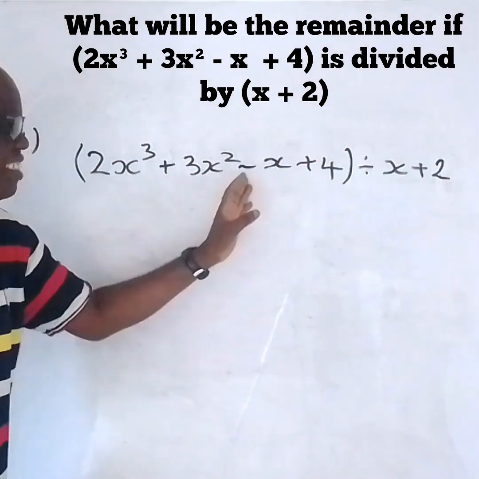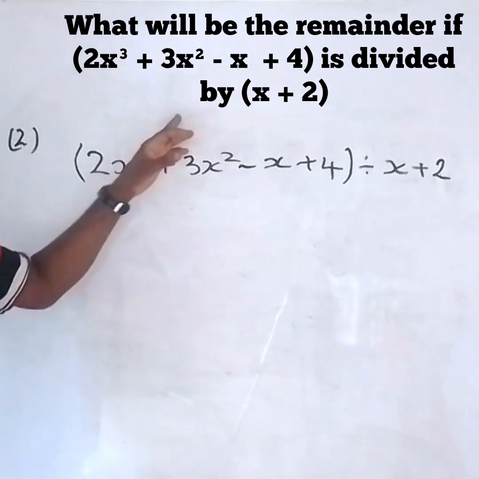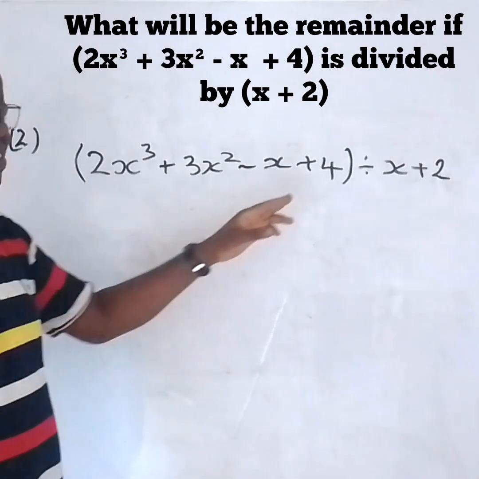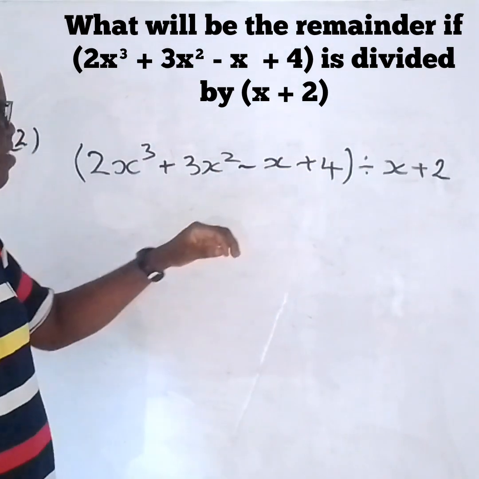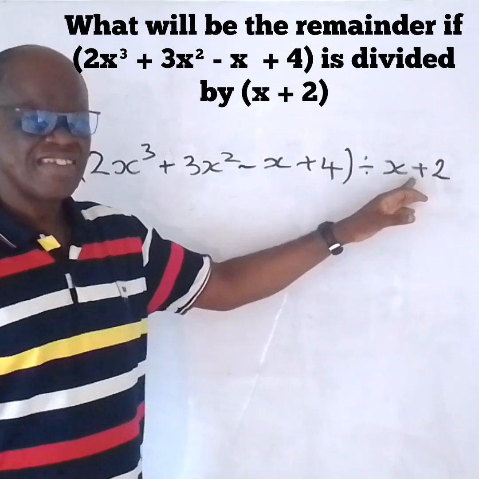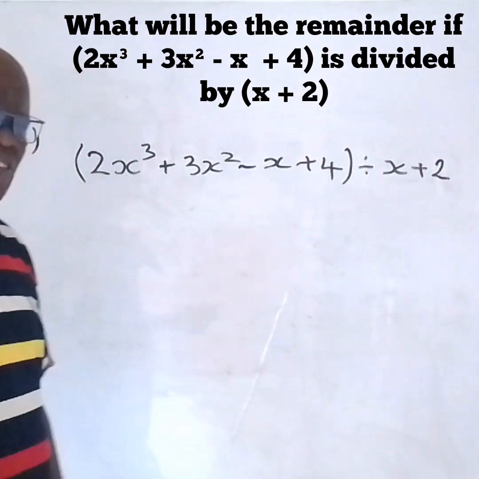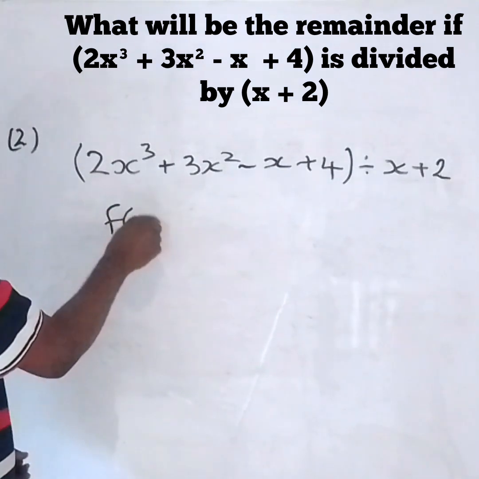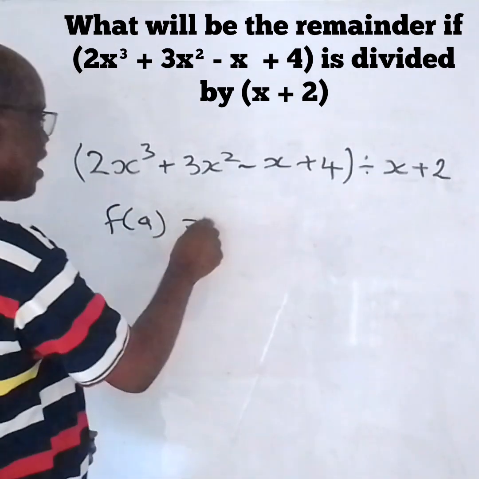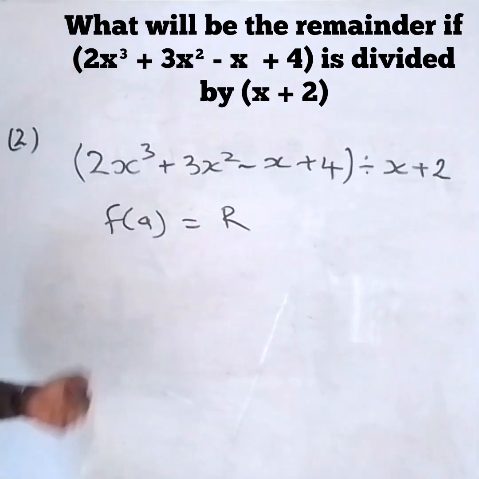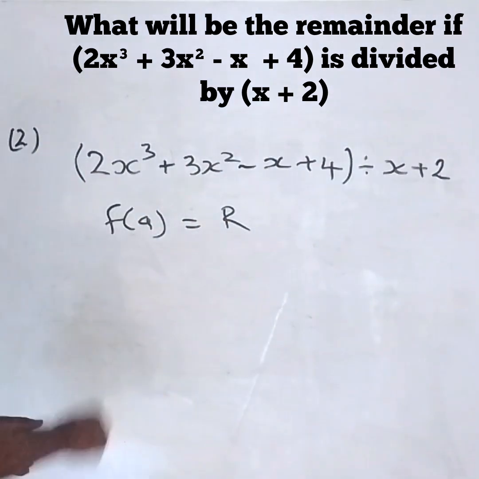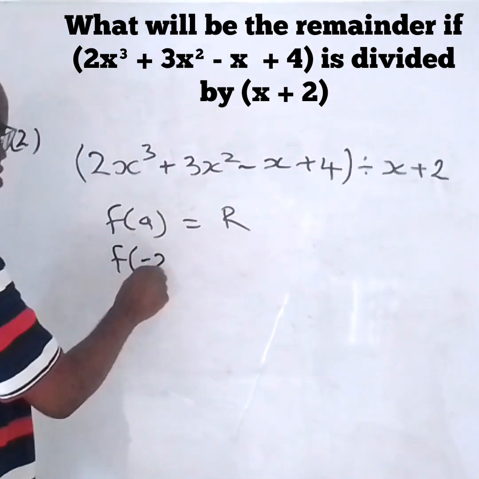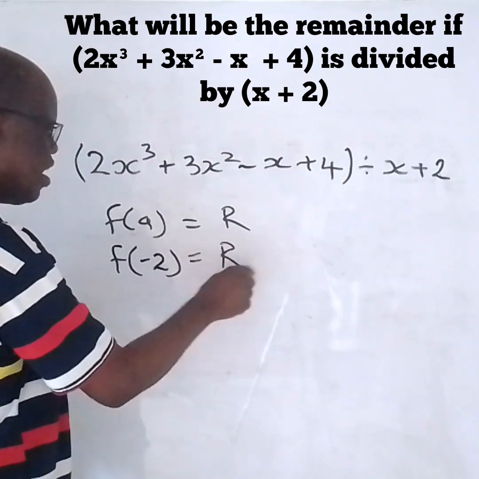If you are dividing this by this, we start from x raised to power 2. And in that case, you'll be left with the remainder, which will still need to be divided by x minus 2. And then we went on to say that the function at a will be our remainder, and we are asked to find the remainder. Therefore, we have to find the function at minus 2.